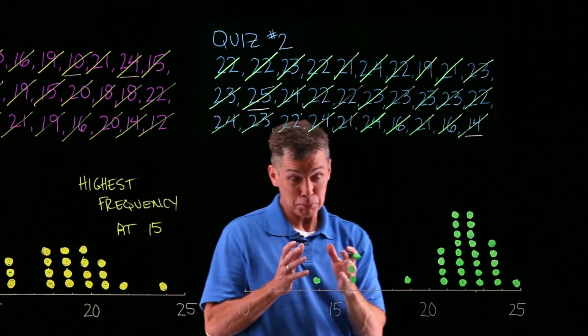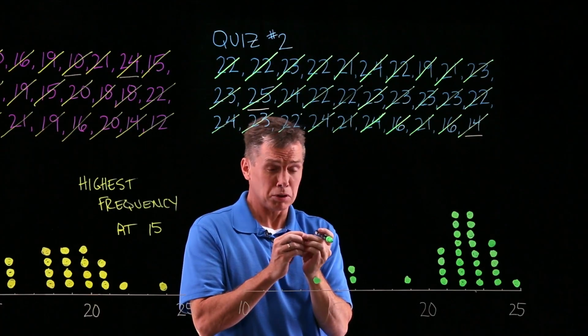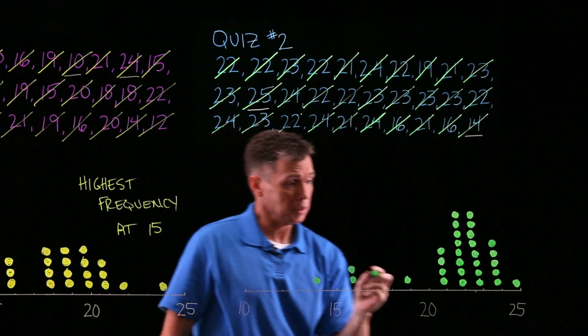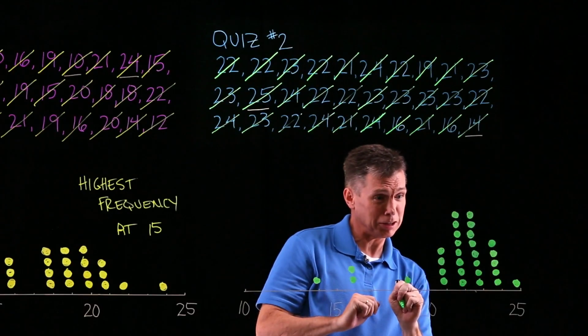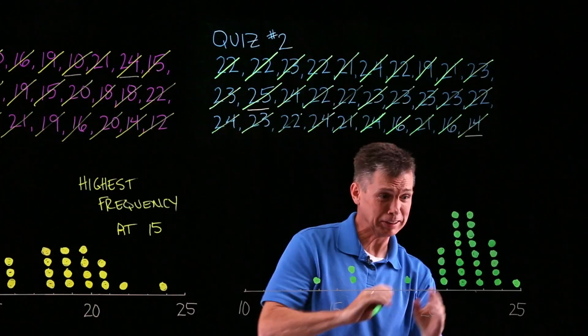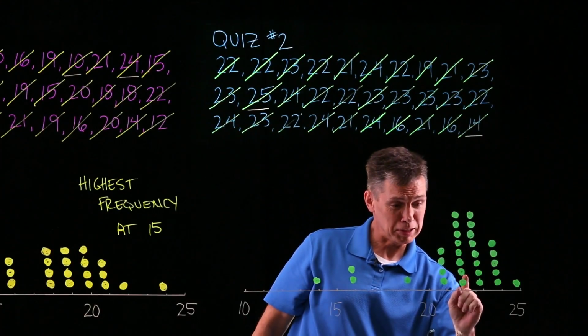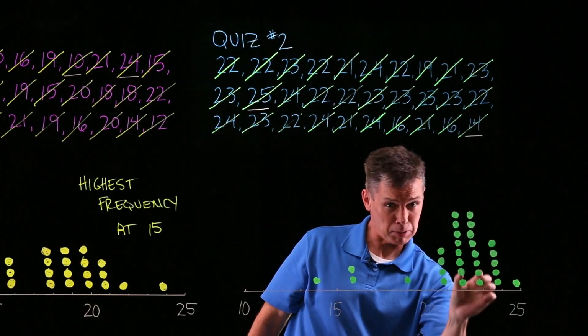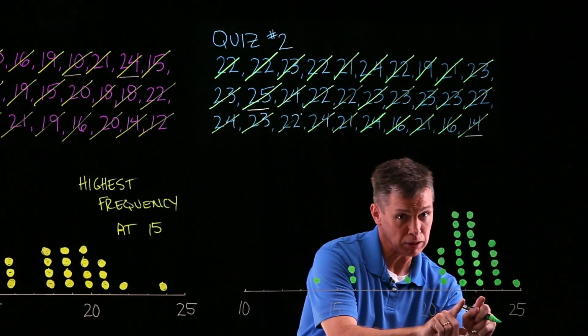Okay, I have all my data points. That's my line plot. Then in order to determine that highest frequency, we, as before, look at how high the stacks got. I know mine started leaning a little bit, kind of looks like the Leaning Tower of Pisa. But for me, I've got two of them that are the same height, the 22 and the 23.